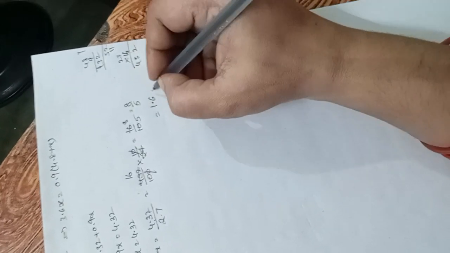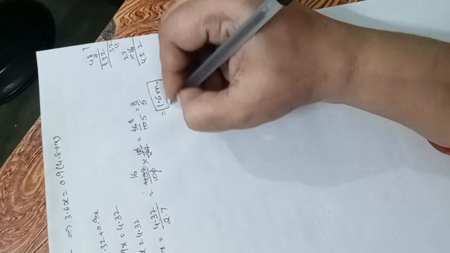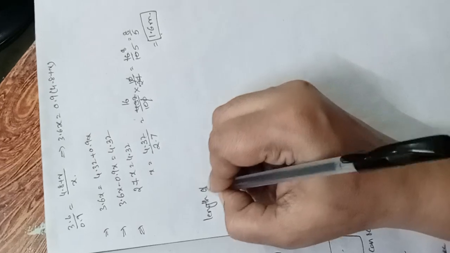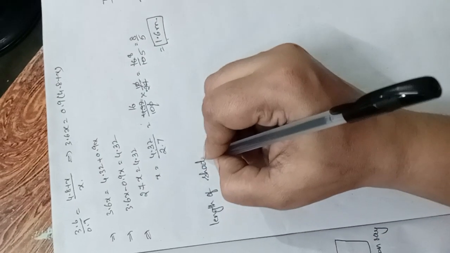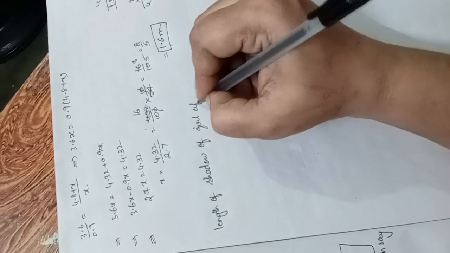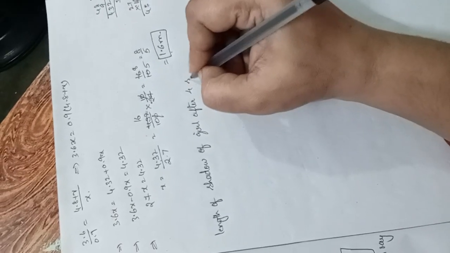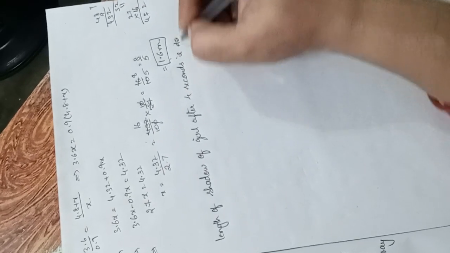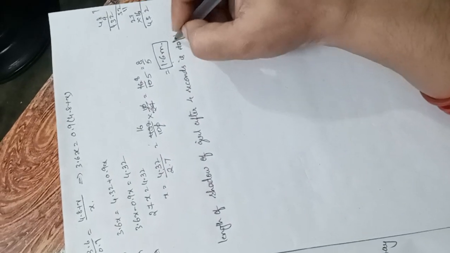So 1.6 meters is the length of the shadow of the girl after 4 seconds.